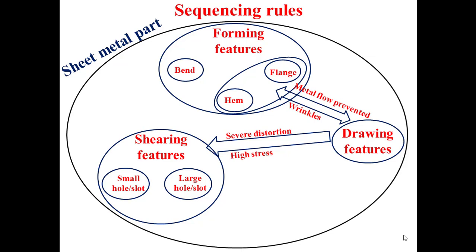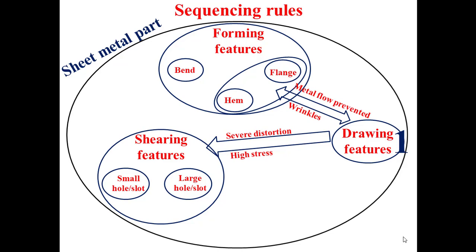Based on these observations, the drawing features must be carried out before the sharing features, and also before the forming features. Therefore, in order to ensure an appropriate precedence, the drawing features should be carried out first.